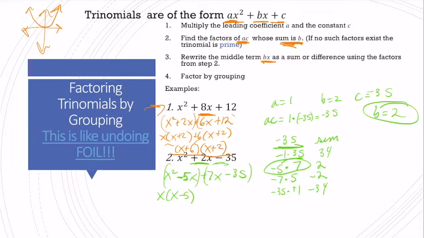The greatest common factor of 7x and negative 35 is 7. As we can see, both of my remaining binomials are the same. That's crucial. I collect my greatest common factors and my remaining binomial, and then I've fully factored this trinomial. It's important to note that you can check your answer by foiling this back out.